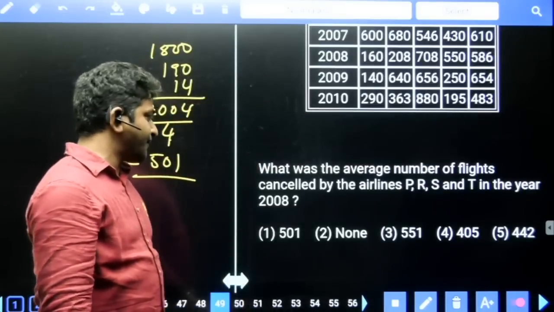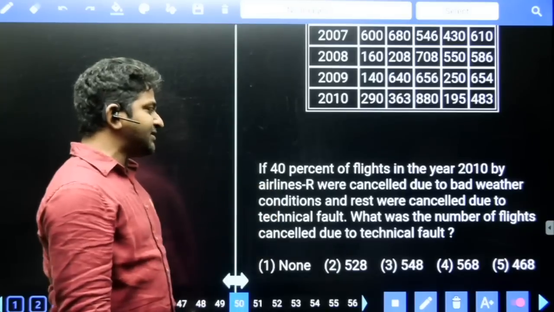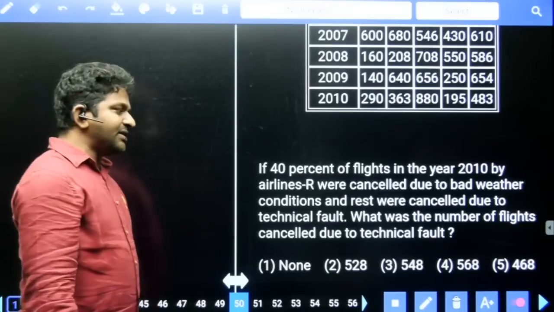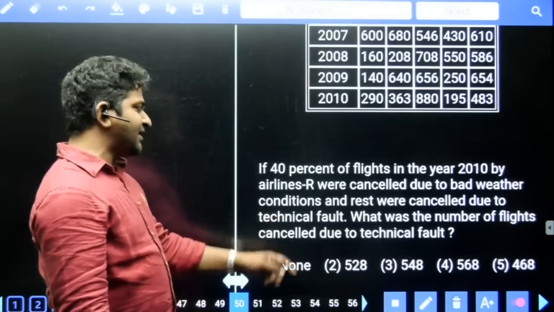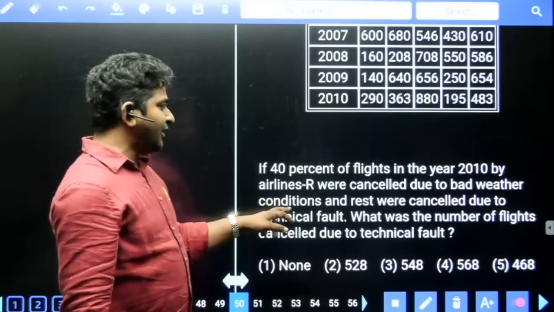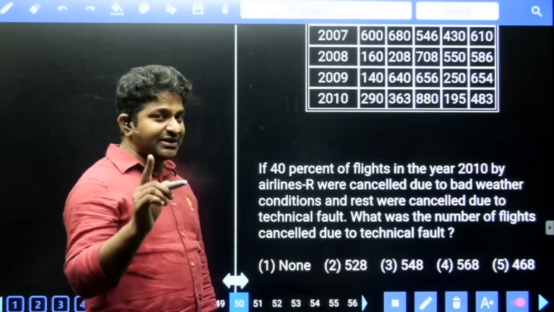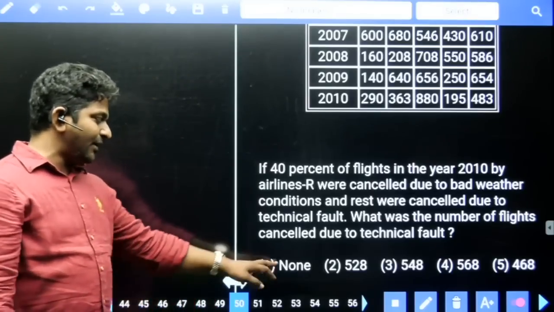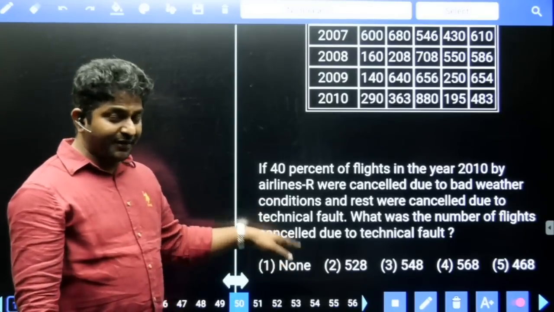501, first option. If 40% of flights in the year 2010 by airline R were cancelled due to bad weather conditions and the rest were cancelled due to technical fault, what was the number of flights cancelled due to technical fault? Due to technical fault, 60% were cancelled. 60 is a multiple of 3, so the answer should be a multiple of 3. Because you have none of these, it may be one of the possibilities.